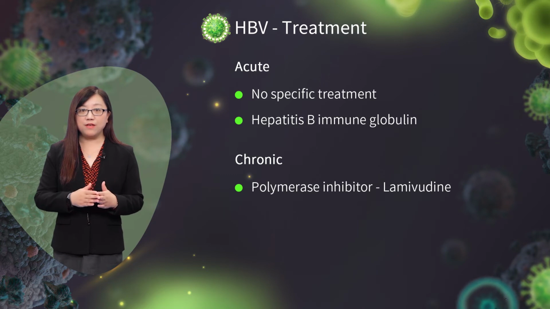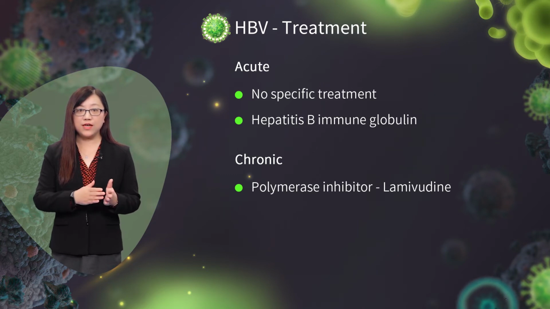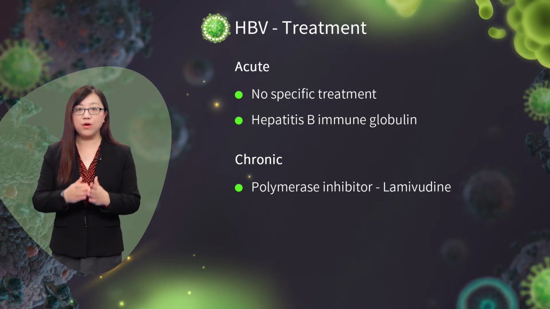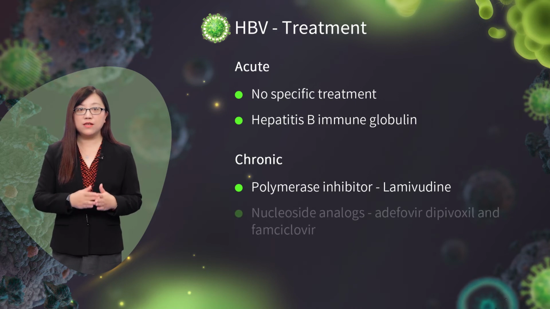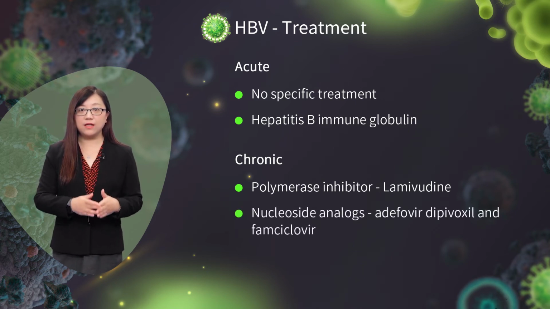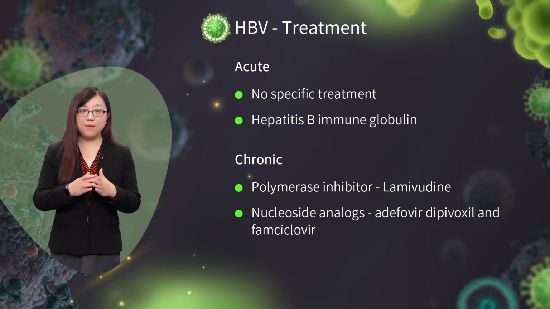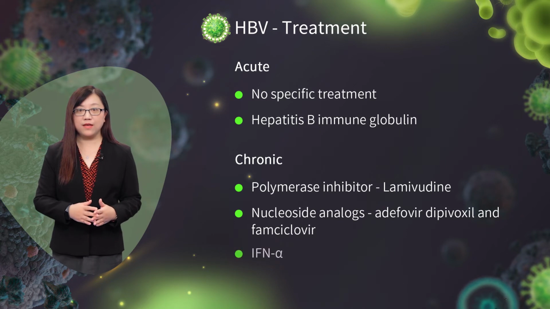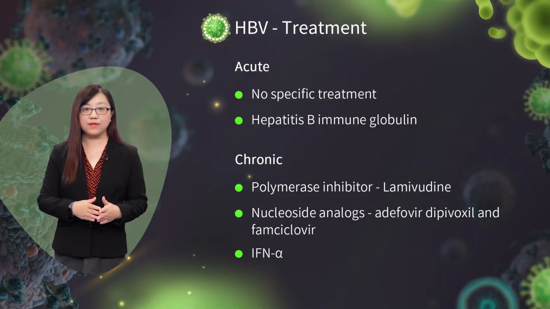Chronic HBV infection can be treated with drugs targeted at the polymerase, for example, lamivudine, or the nucleoside analogs, adefovir dipivoxil, and famciclovir. Interferon alpha can also be effective.